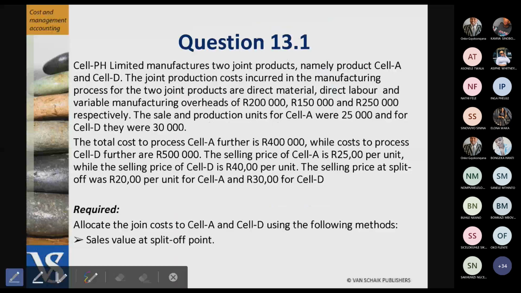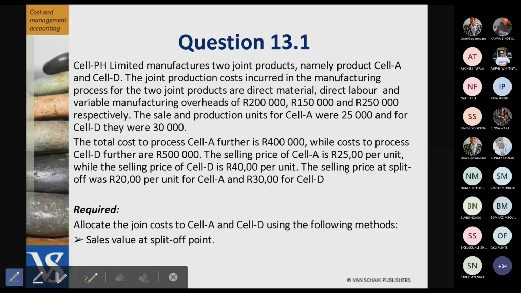Look at the second paragraph. The total cost to process cell A further is 400,000, while the cost to process cell D further is 500,000. The selling price of cell A is 25 Rand per unit, while the selling price of cell D is 40 Rand per unit.